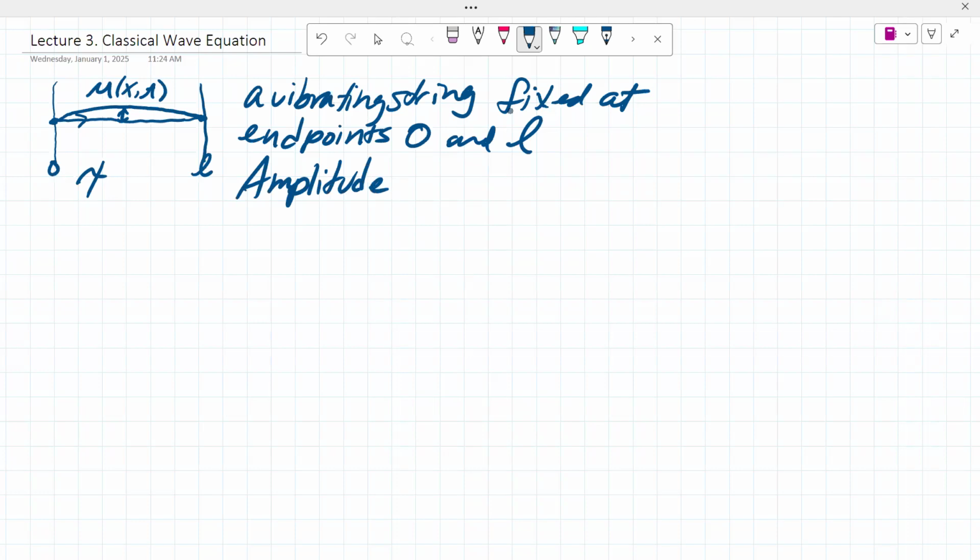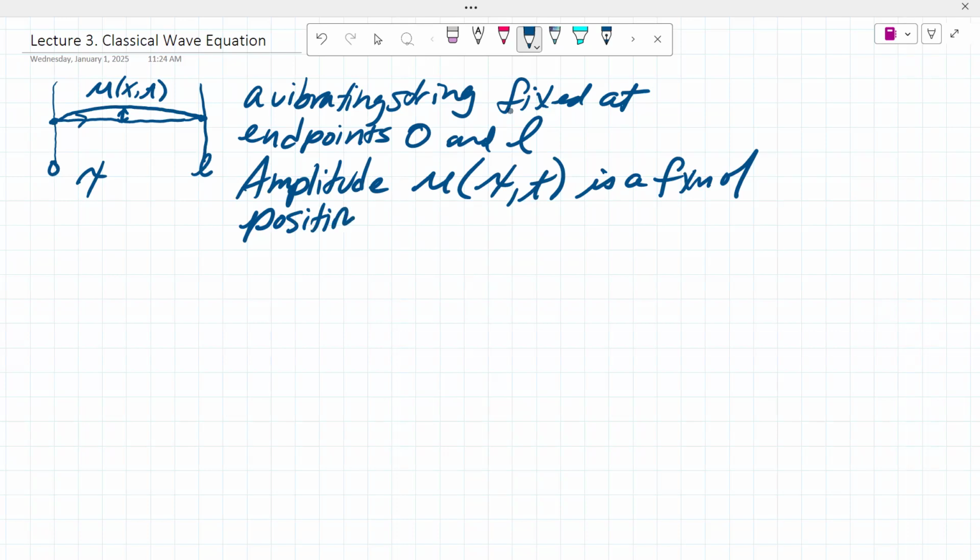Remember that means the displacement of the wave, u of x and t, is a function of position x and time t.